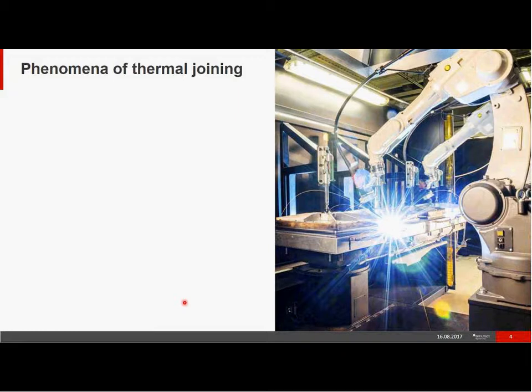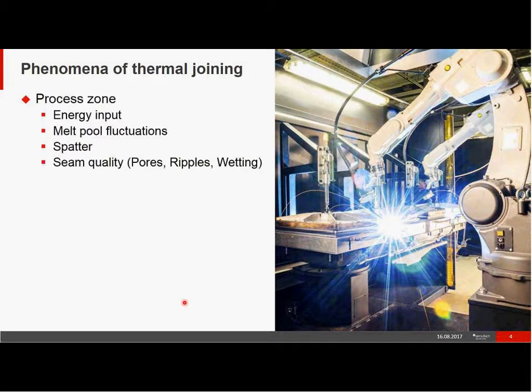Here is welding. Welding comprises several different phenomena that we need to consider in order to create a sufficient simulation approach. First of all, we have the process zone. I would call this the typically very short area where the energy input takes place, whether it be a laser beam, an arc welding process or an electron beam process.